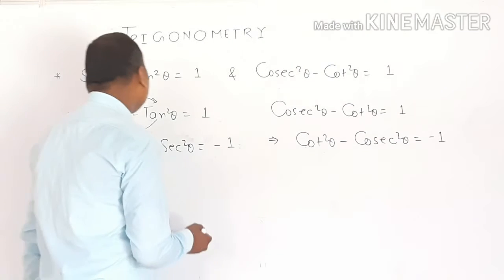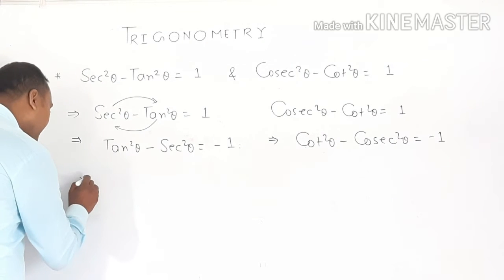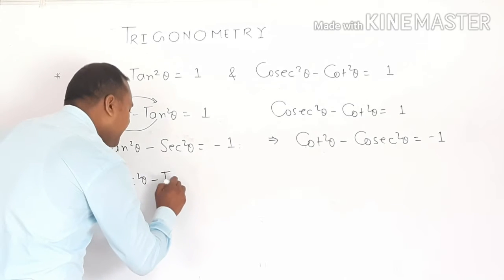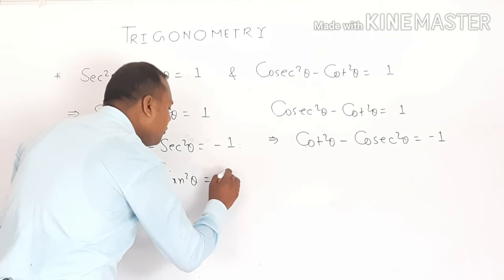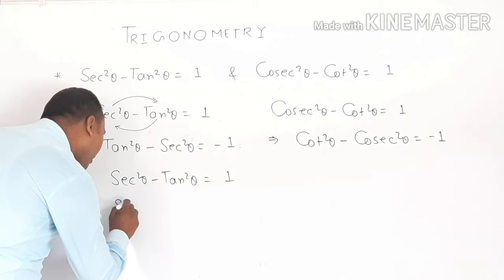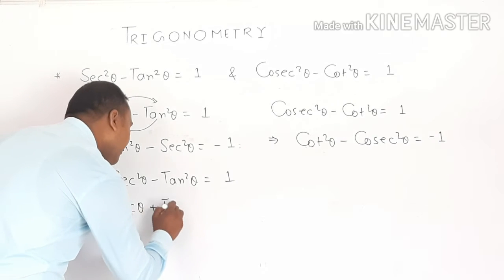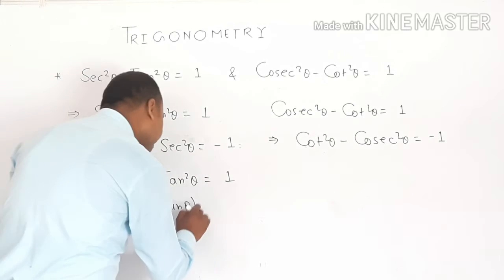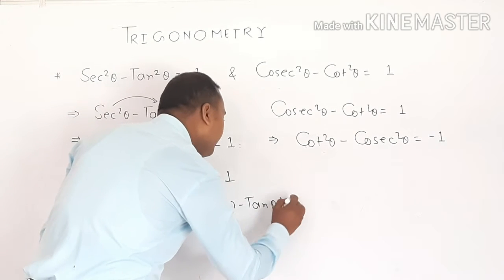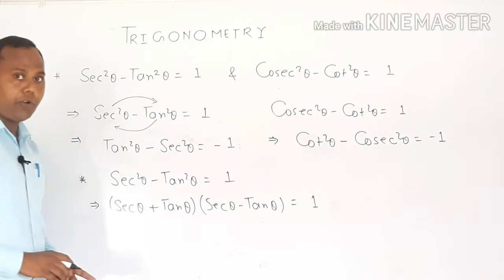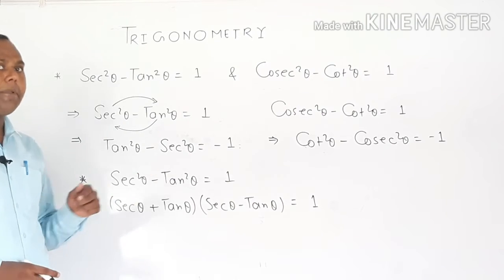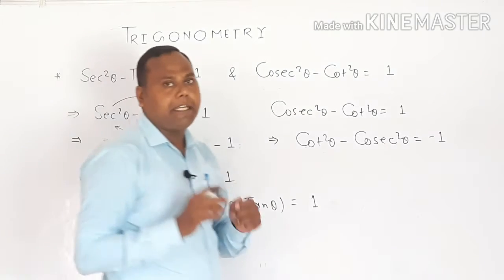Another concept: if sec square of theta minus tan square of theta will be equal to 1, we can also write it as sec of theta plus tan of theta into sec of theta minus tan of theta will be equal to 1. How? Because we already know that a square minus b square will be equal to a plus b into a minus b.